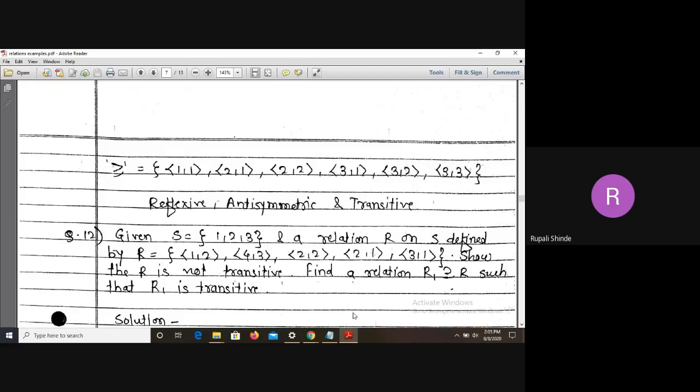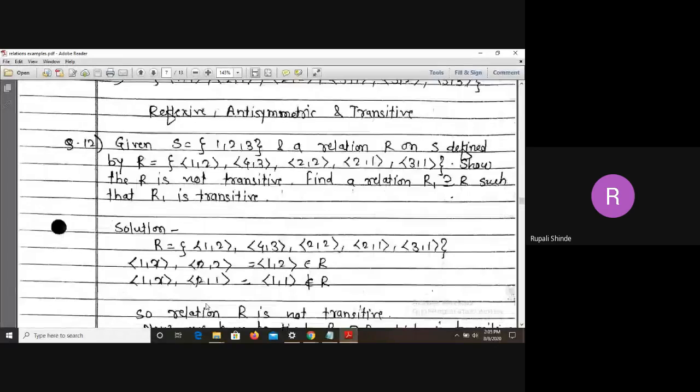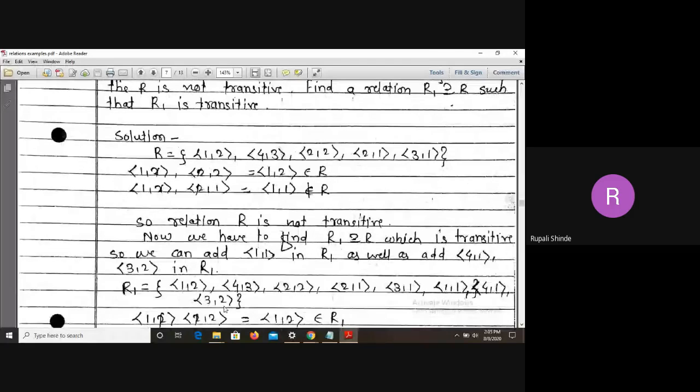Yes. So first of all, we have to find out what are the different order pairs required to make this R transitive. So first order pair we have seen, and that order pair is 4, 1. Now check whether there is any other order pair we need to include. I think only one order pair is there, so we can add that order pair here. 4, 1. Okay.